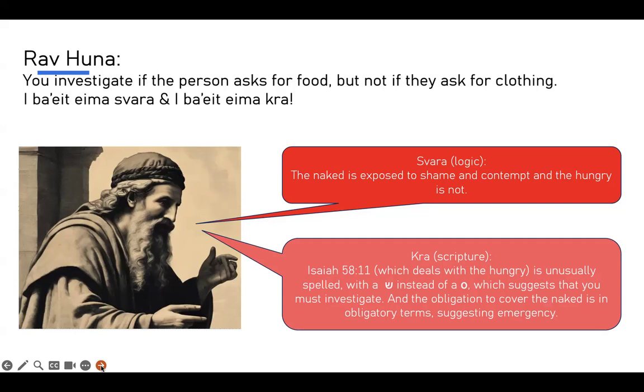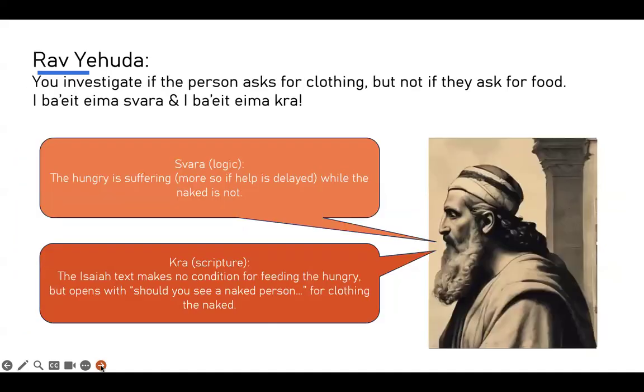And this suggests that you must investigate because the word pros with a shin looks a lot like the word prosh, which means to look, to search, to investigate. And the obligation to cover the naked in Isaiah 58:11 is in obligatory terms, suggesting an emergency. You must do this right now. So this is Rav Huna's opinion, and as you can see, he can provide logical reasons for his proposition as well as a scriptural anchor for it.